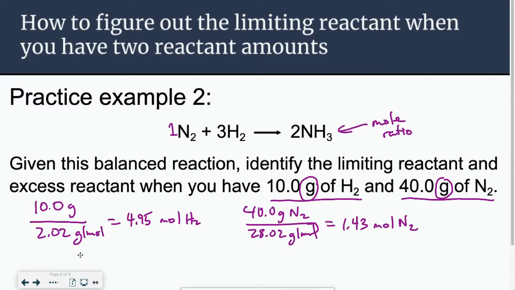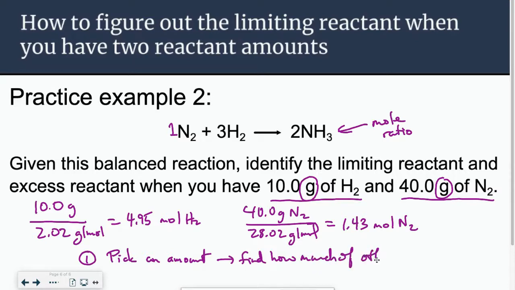So now I can go back and apply my process, right? Choose one mole amount, pick an amount. Find how much of the other is needed. All right, so I'm going to take my 4.95. I just randomly chose that, okay? 4.95 moles of H2.